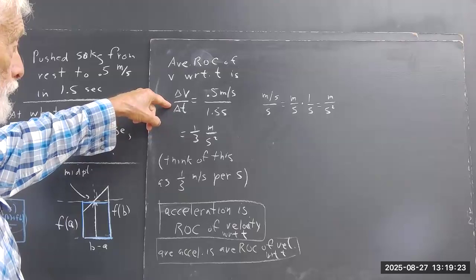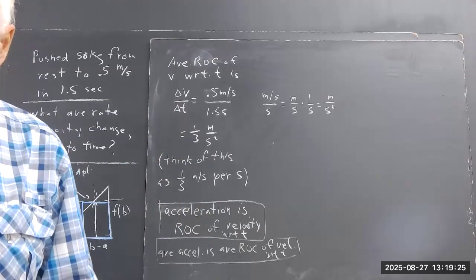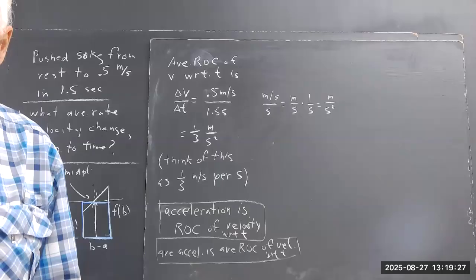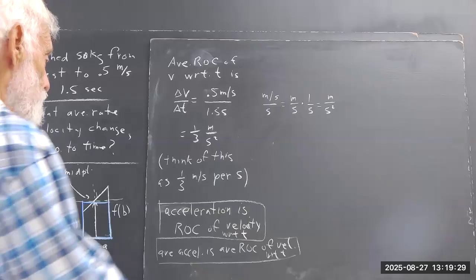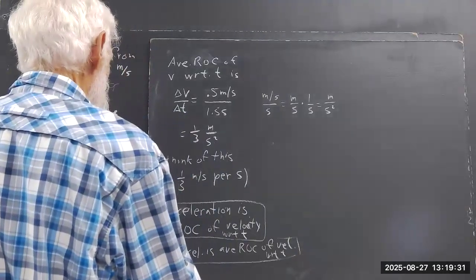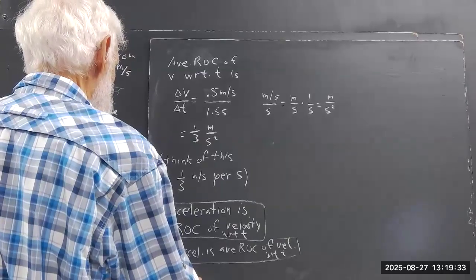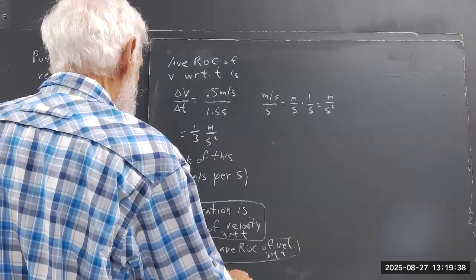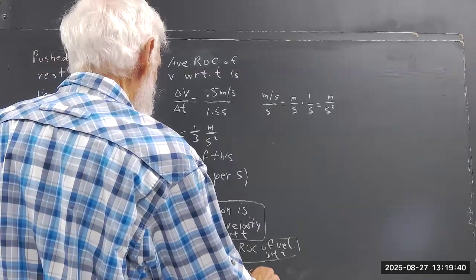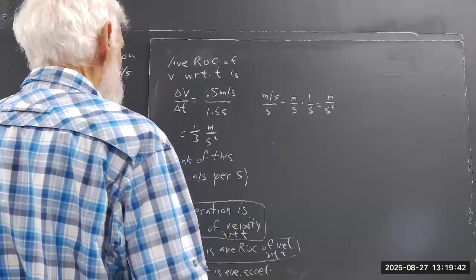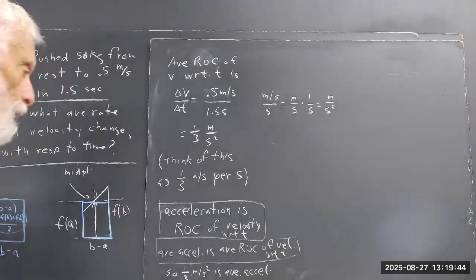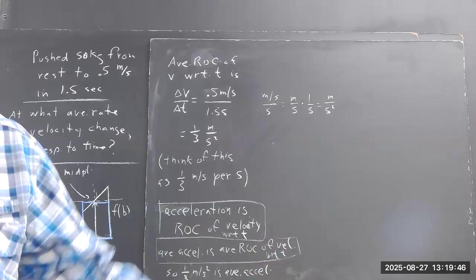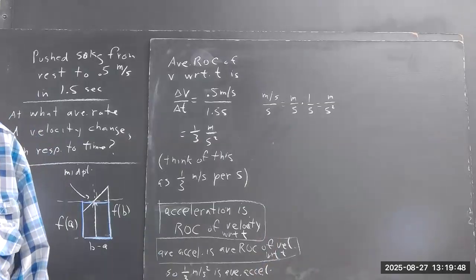So what I just calculated here is average acceleration, isn't it? It's the average acceleration for that 1.5 second time interval, right?